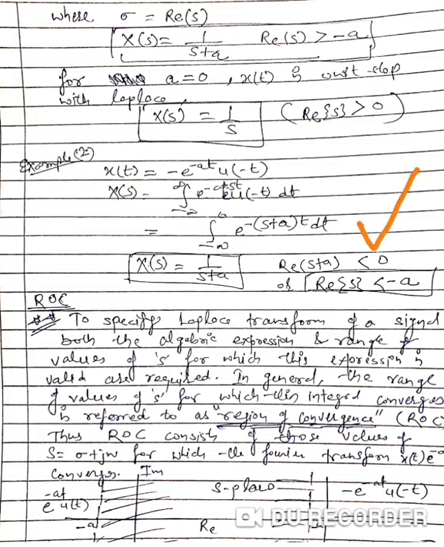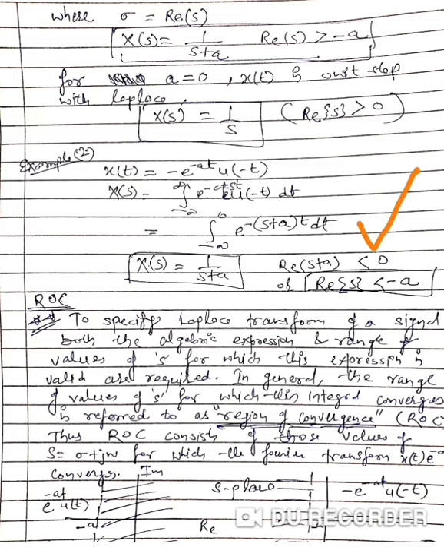integral with the limit minus infinity to 0, as the signal u of minus t, which is a left-handed signal, is defined only for minus infinity to 0, that is time t less than 0.